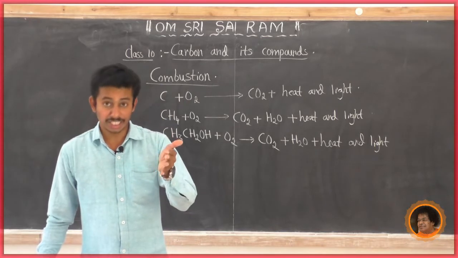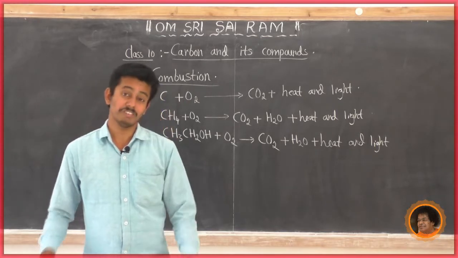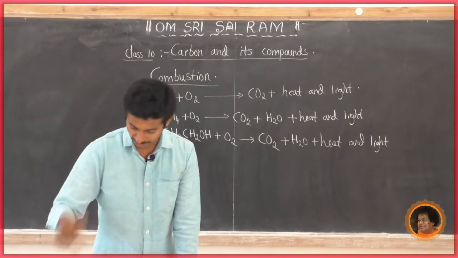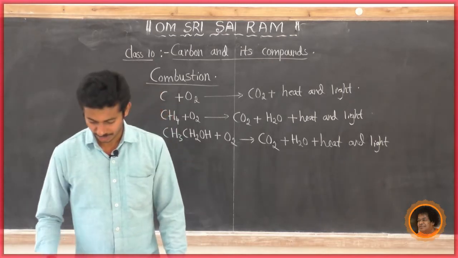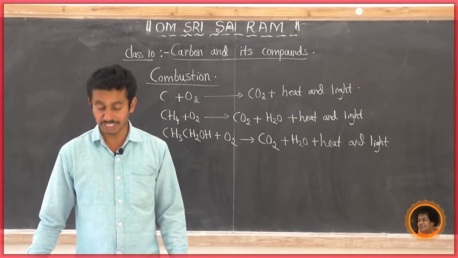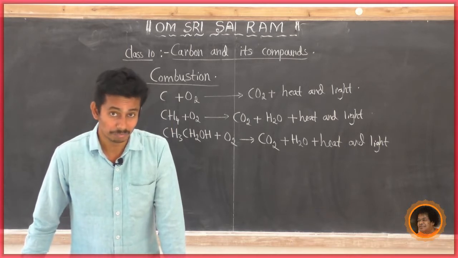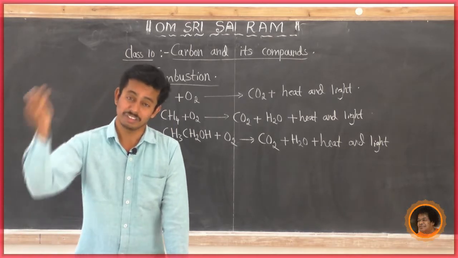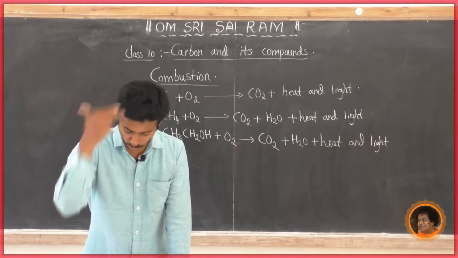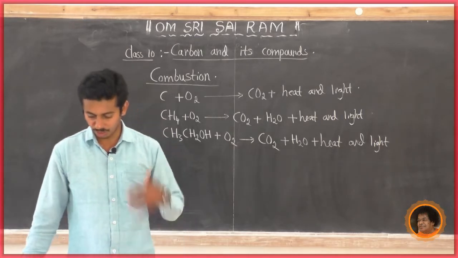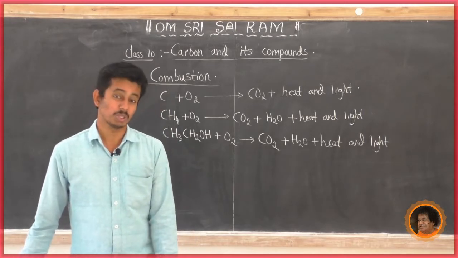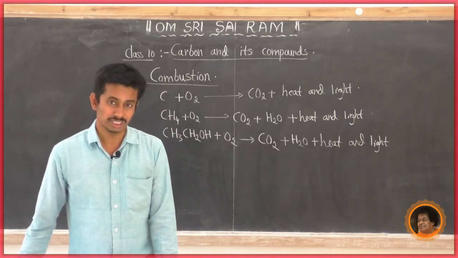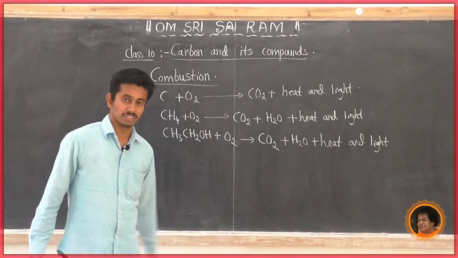Saturated hydrocarbons, if sufficient oxygen is supplied, give a clean flame. Unsaturated hydrocarbons give a yellow flame. Even if sufficient oxygen is supplied, they form a yellow flame with lots of black smoke. This is about combustion.